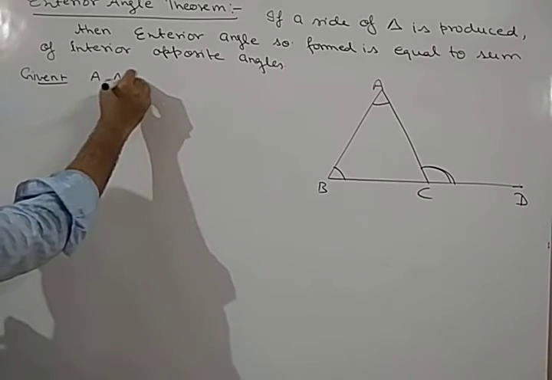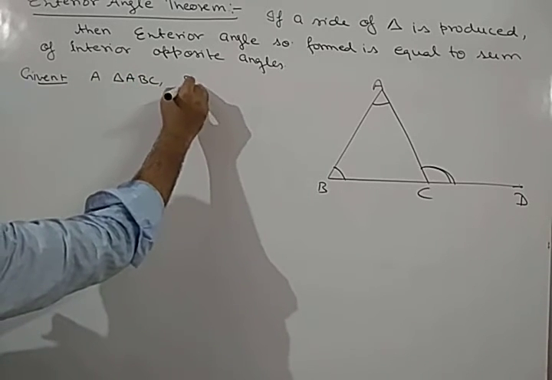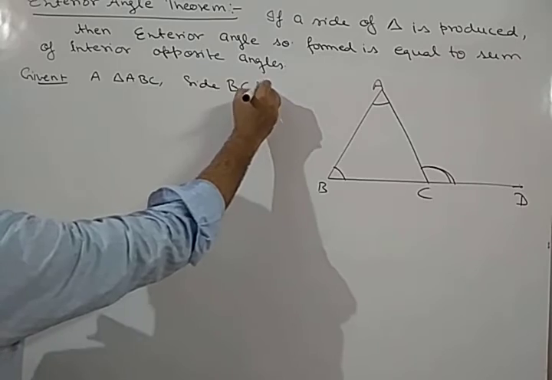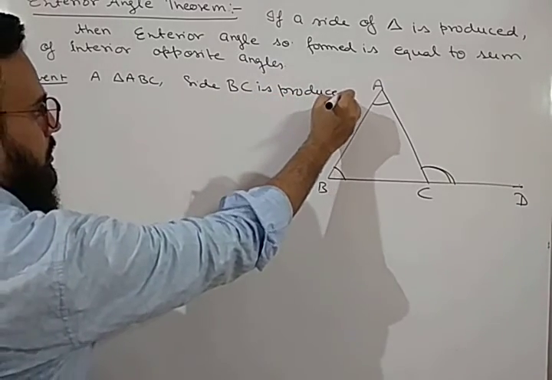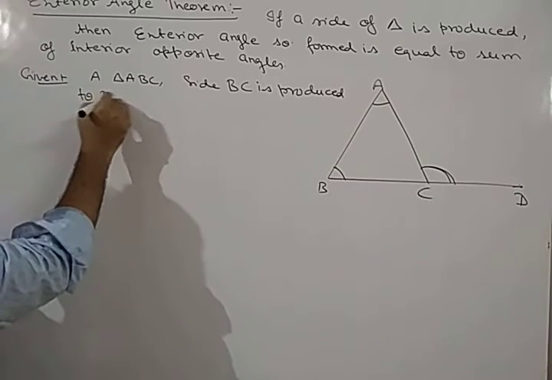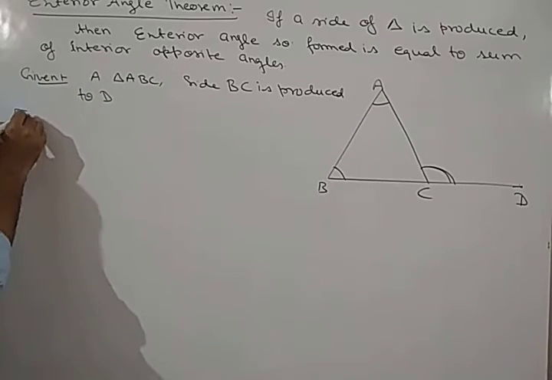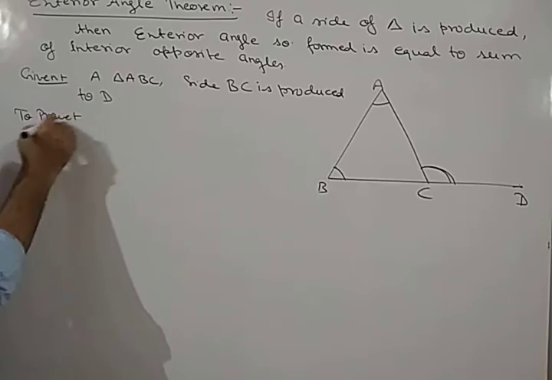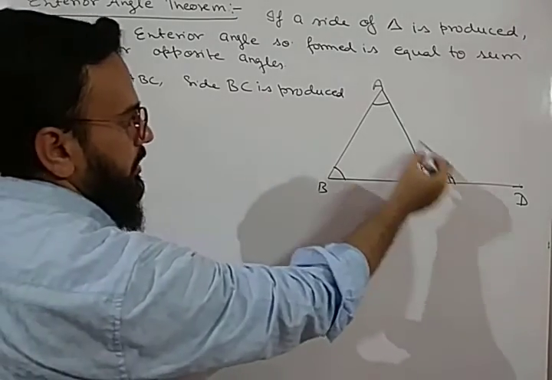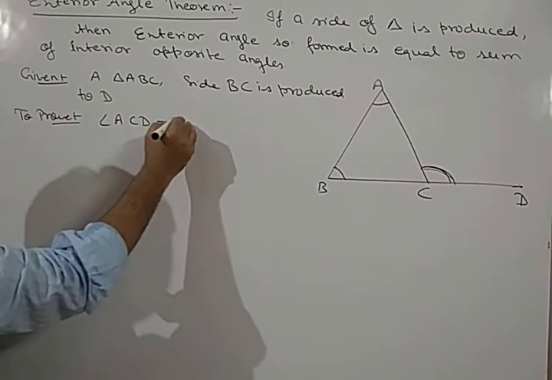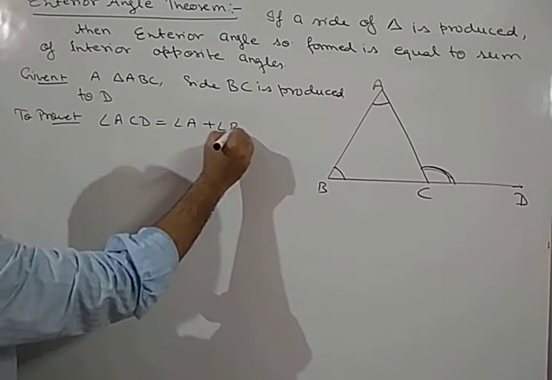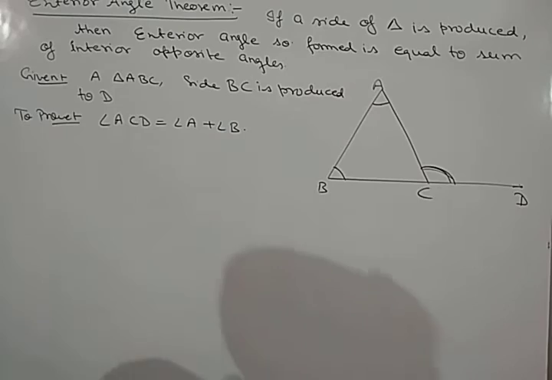Given a triangle ABC, side BC is produced to D. What we have to prove? We have to prove this exterior angle is equal to the sum of interior opposite angles, means angle ACD will be equal to angle A plus angle B.